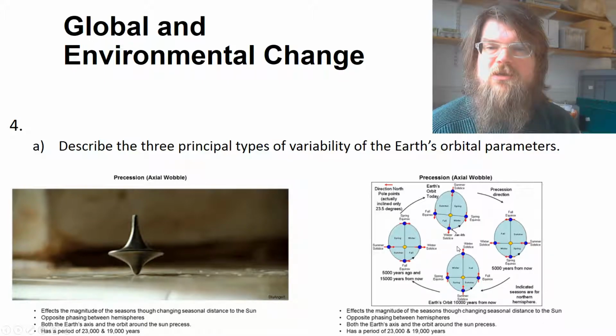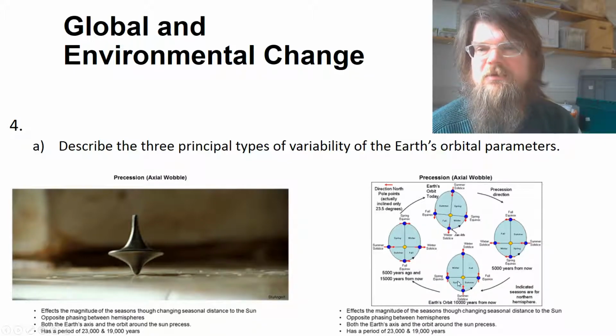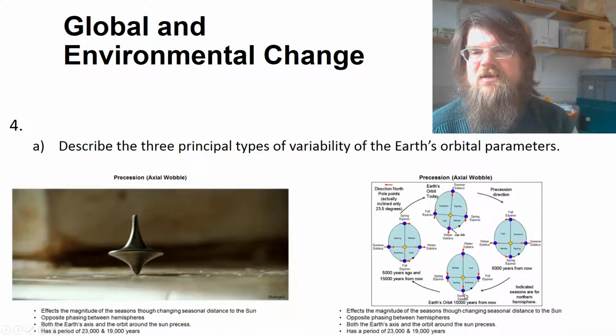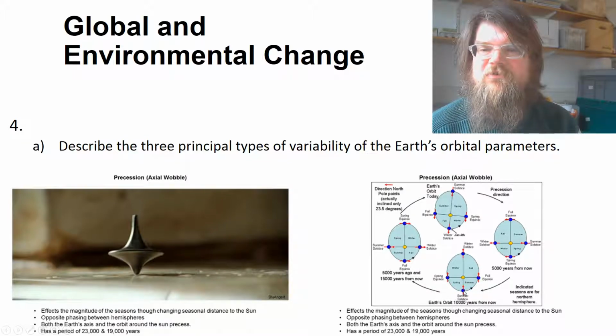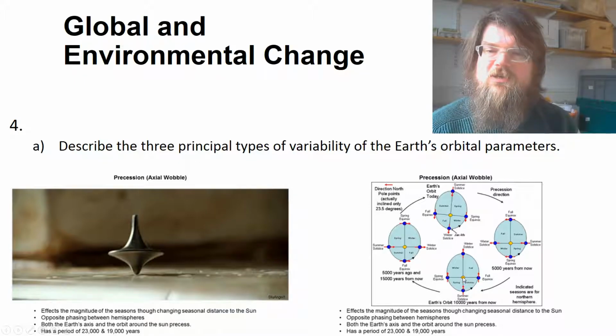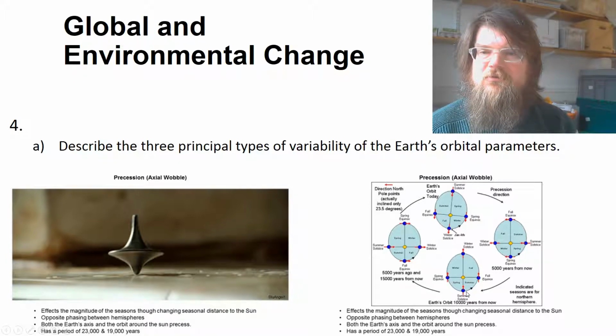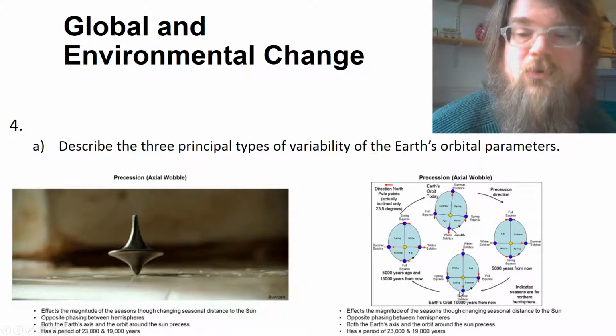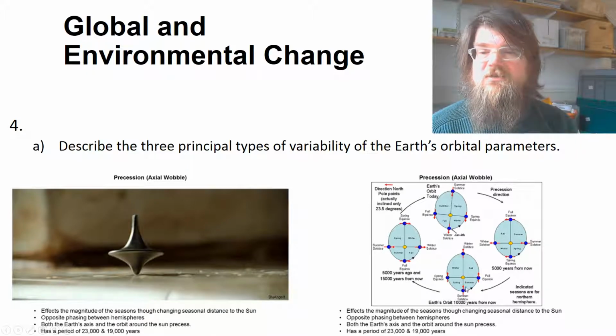So sometimes the northern hemisphere, so the direction of tilt is illustrated by these red arrows here. So in this case down here, the northern hemisphere is pointed towards the Sun when it's near the Sun, but over a cycle of between 19 and 23,000 years, this direction of the tilt changes.